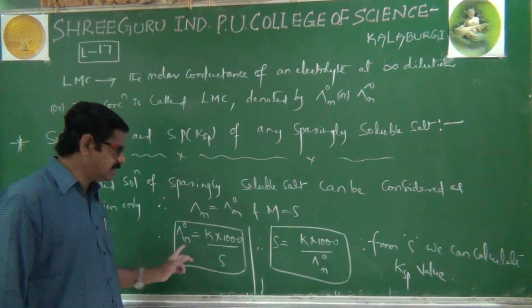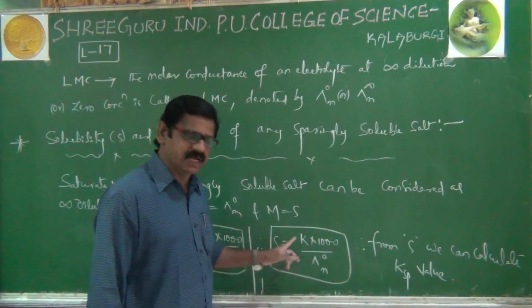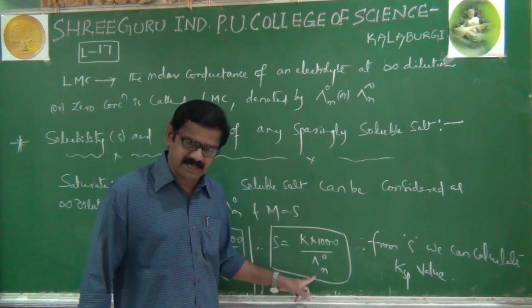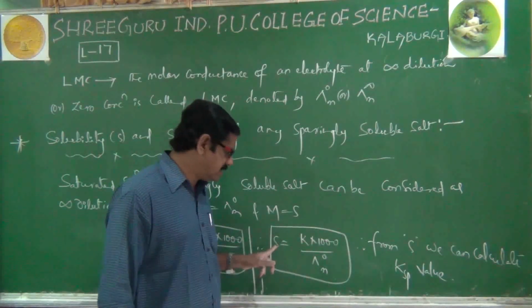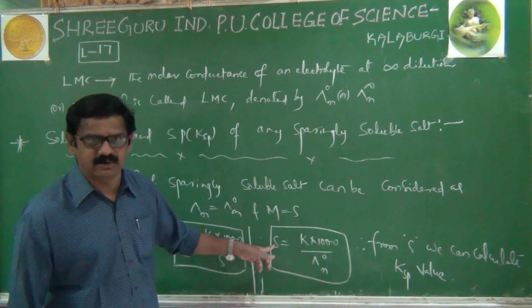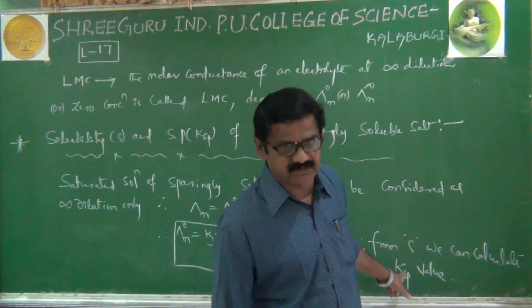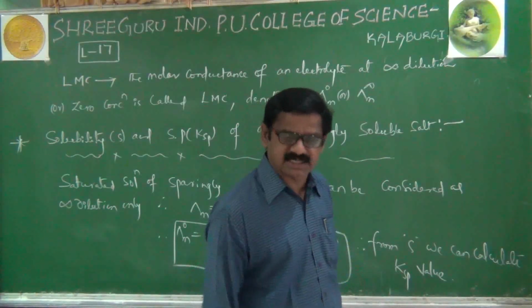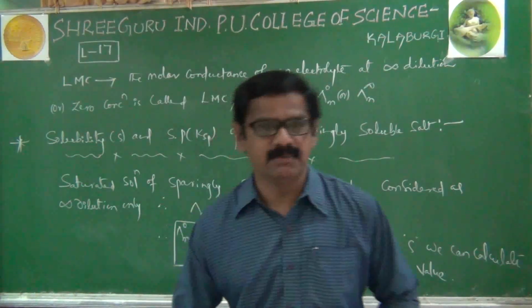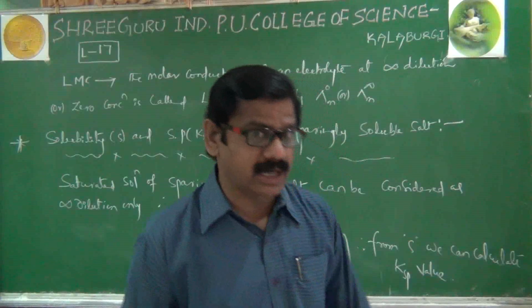Therefore, if you interchange the terms, S is equal to K into 1000 by lambda m naught. From this formula we'll get the solubility value, and from that solubility we can calculate the solubility product value also. Next we'll start problems based on Kohlrausch law.